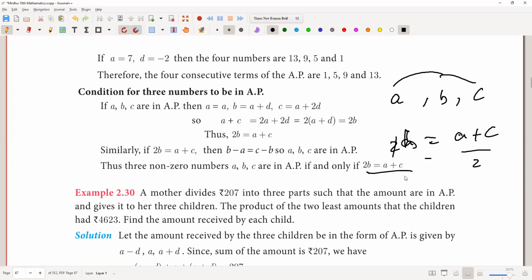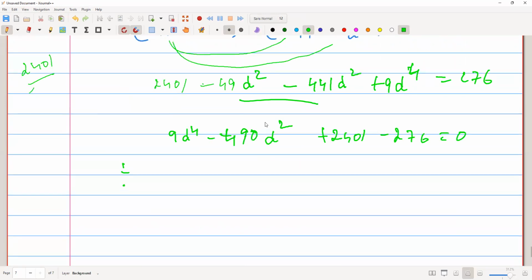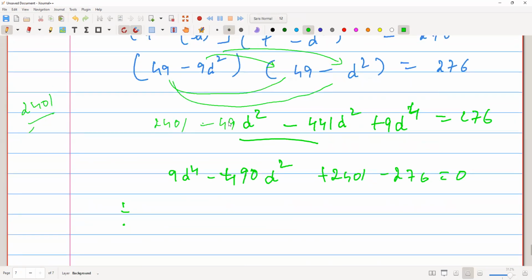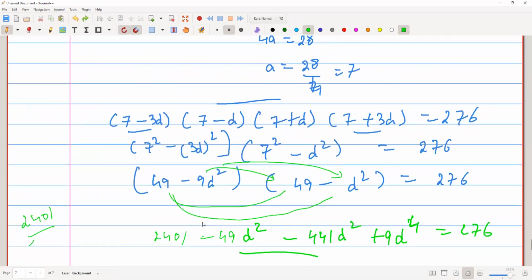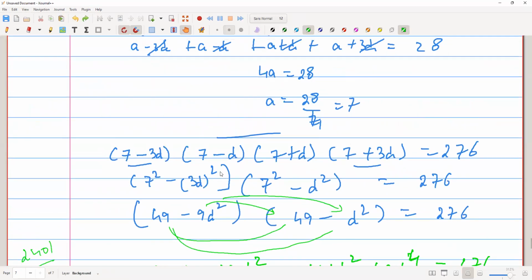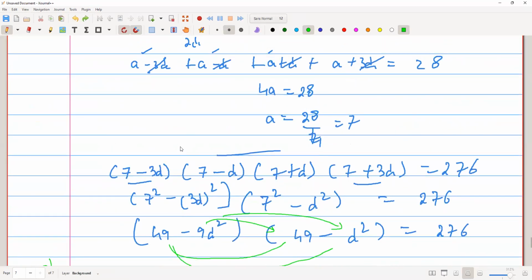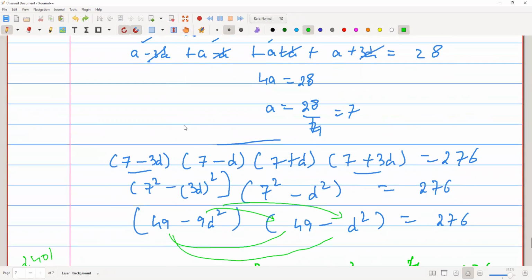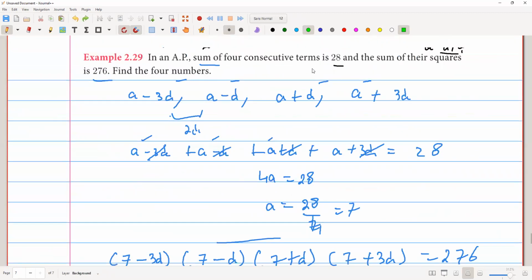I think we did something wrong in the last sum. Generally, they would give sum and product, but the question given is sum of squares.